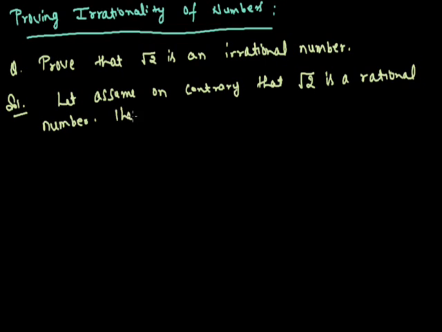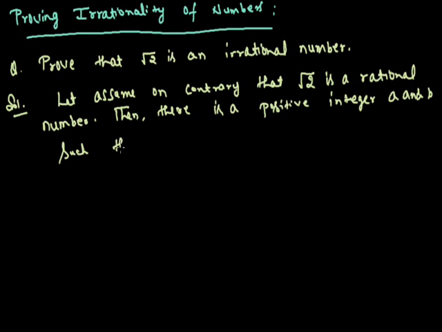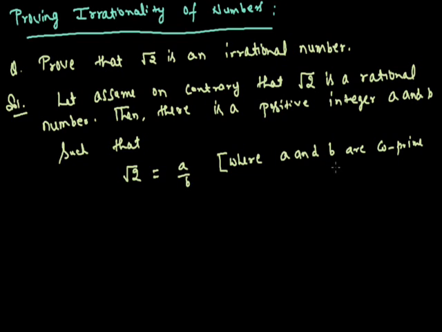Then there are positive integers a and b such that root 2 is equal to a upon b, where a and b are co-prime. Co-prime means the HCF is 1.